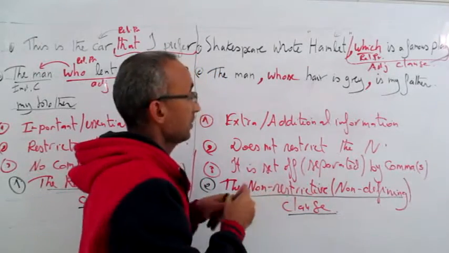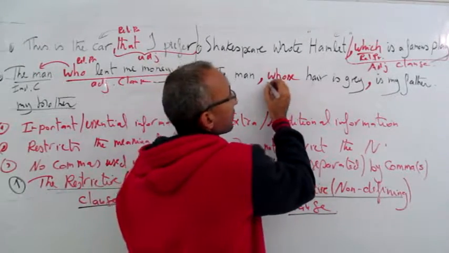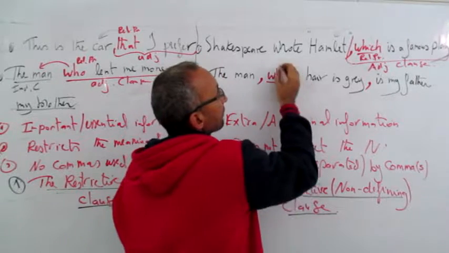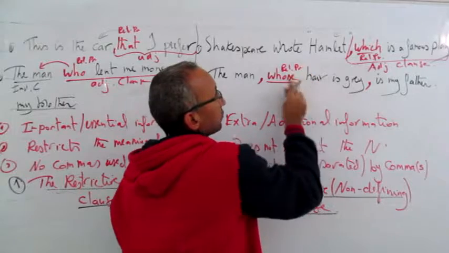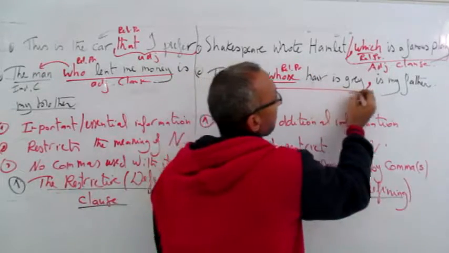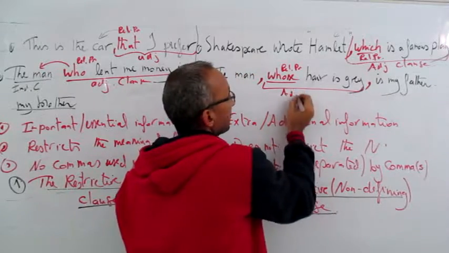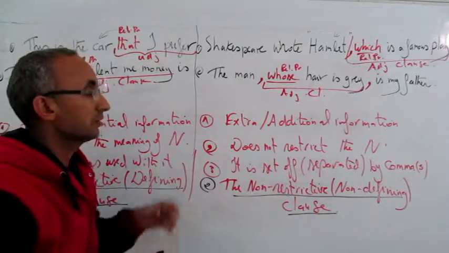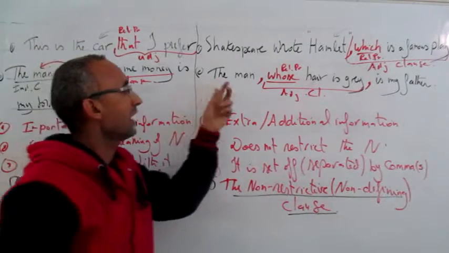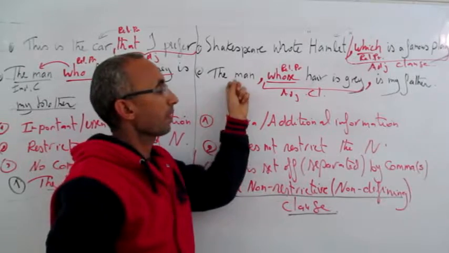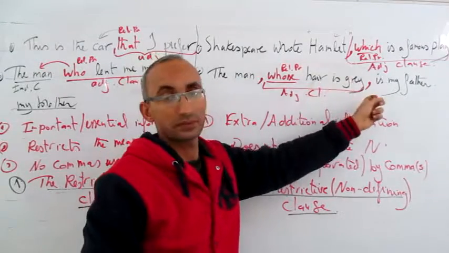Now here, I also have another adjective clause, which starts with a relative pronoun, which is whose. And it also comes in the middle of the sentence. Adjective clause. Now here, I have the man is my father.